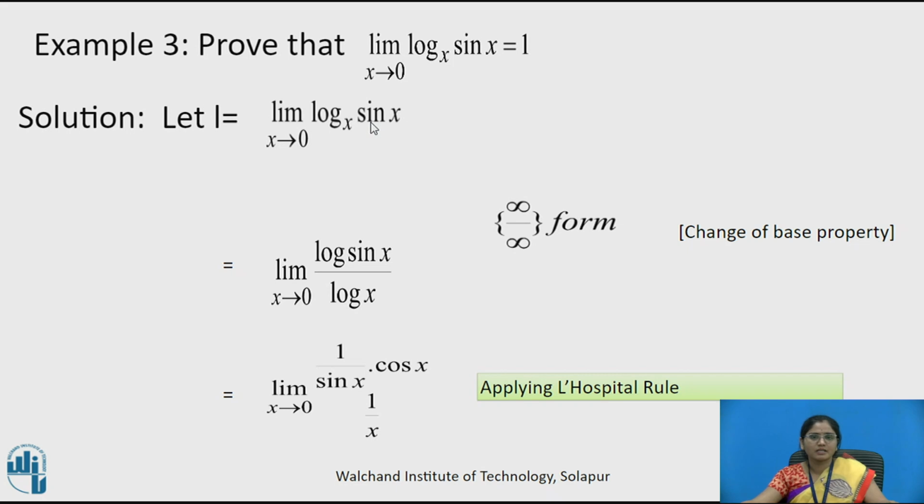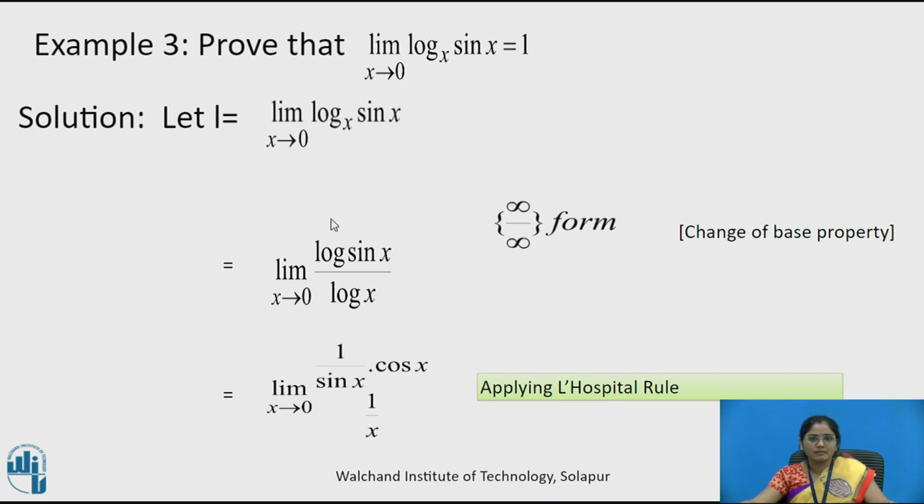Now students, here I am going to apply the change of base property. You can write this as limit x tends to 0 log of sin x upon log x.